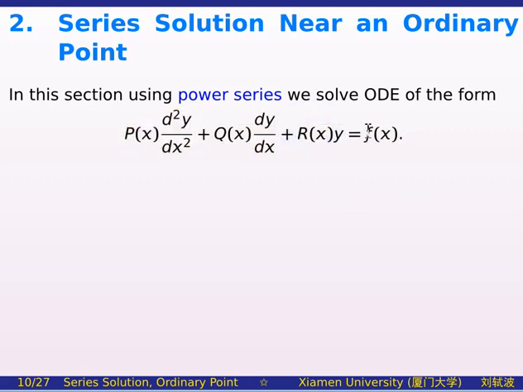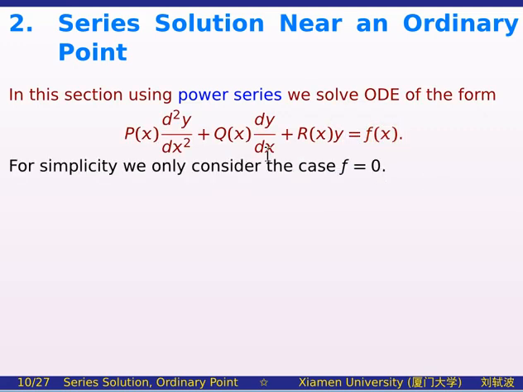And in general, this is a non-homogeneous equation. But for simplicity, we only consider the case that f is 0. That is, we study the homogeneous equation only. The case for the non-homogeneous equation is the same. You expand f(x) in power series and then compare the coefficients. Okay. So for simplicity, we only consider the homogeneous case.